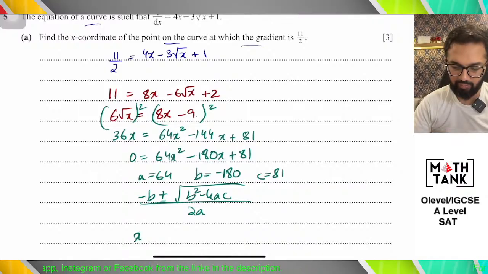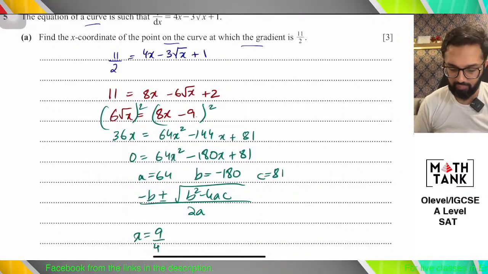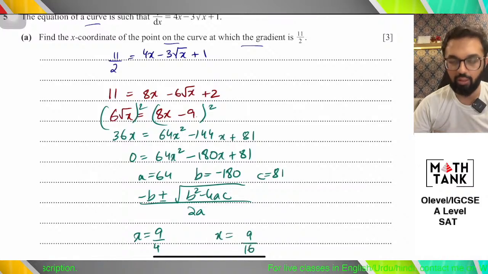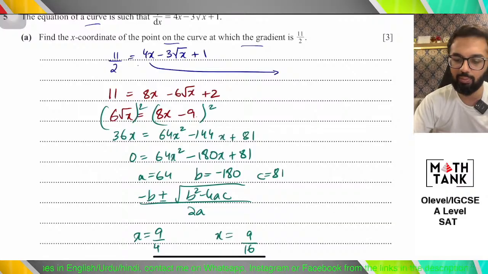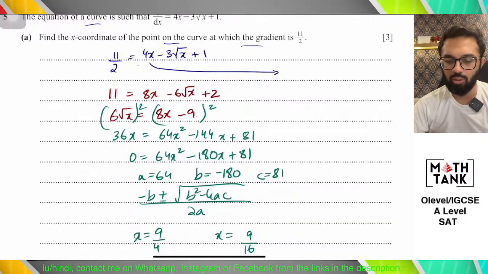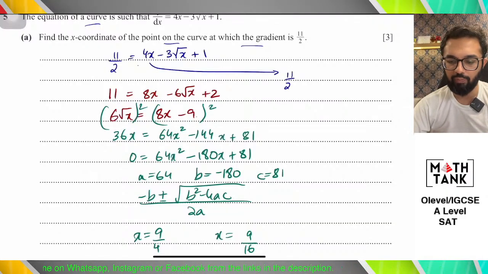So x is coming out as 9 over 4 and 9 over 16. Two possible values. Find the x coordinate of the point. There's a single point, so I will have to verify my original answers in this equation or in the equation below. So I'm going to first verify if 9 over 4 works.